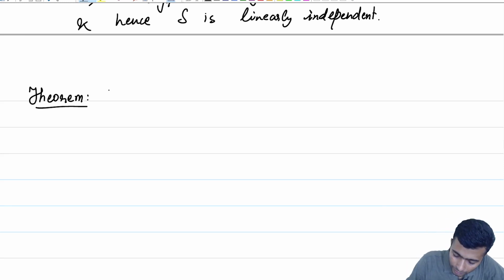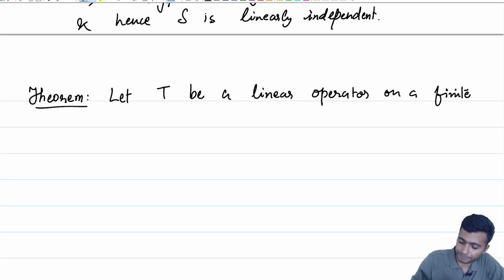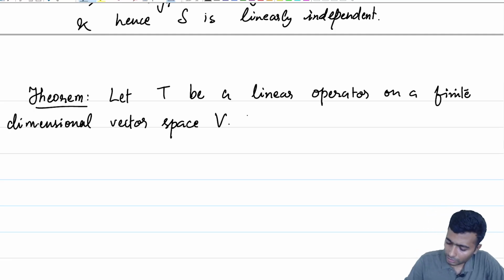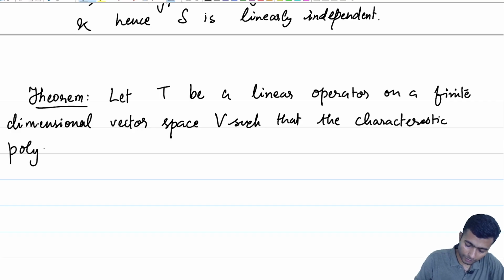So let me state the theorem. Let T be a linear operator on a finite dimensional vector space V such that the characteristic polynomial of T splits.